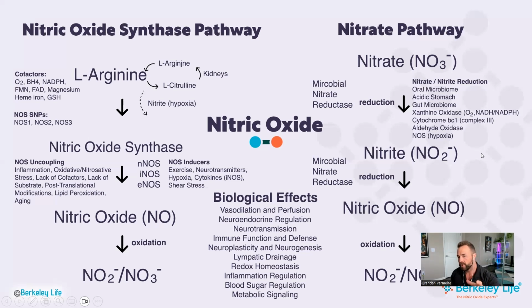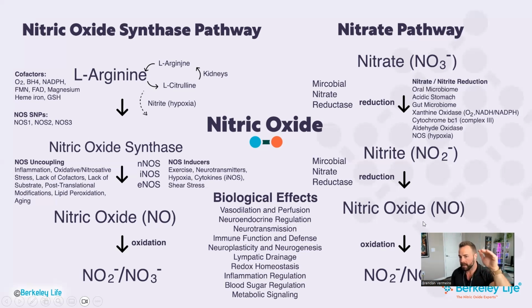However, there's a little bit of nuance there and some contradiction in the literature, because some of these microbial and bacterial species that should reside in a healthy oral cavity and a healthy gastrointestinal tract do express nitrate reductase enzymes. So even though it's facilitated by microbes, it's still an enzymatic conversion of our ability to reduce nitrate into nitrite into nitric oxide.